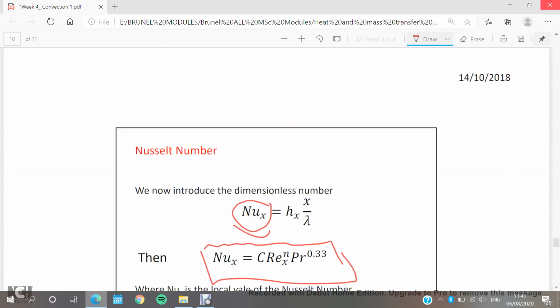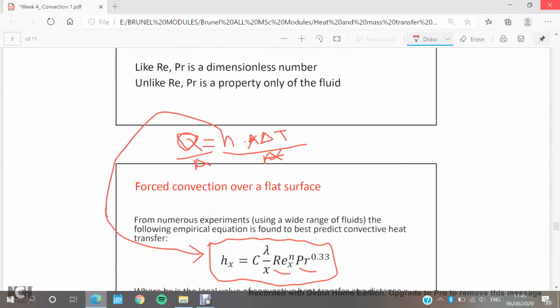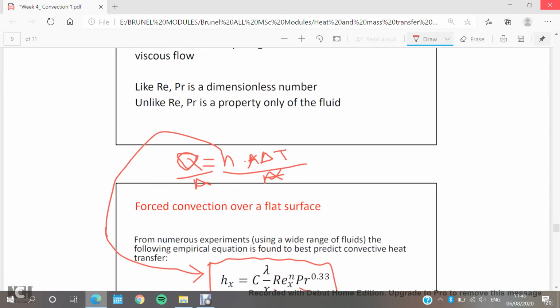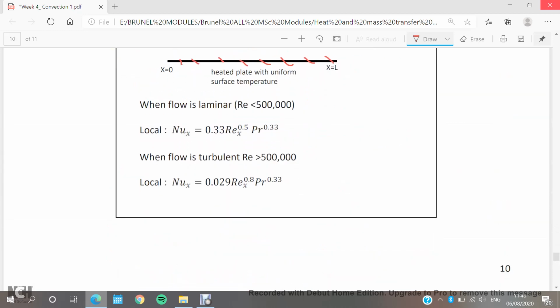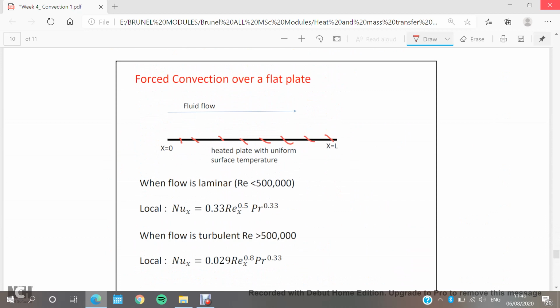All of the previous explanation was based on natural convection, which is when the flow just moves freely without any external force.